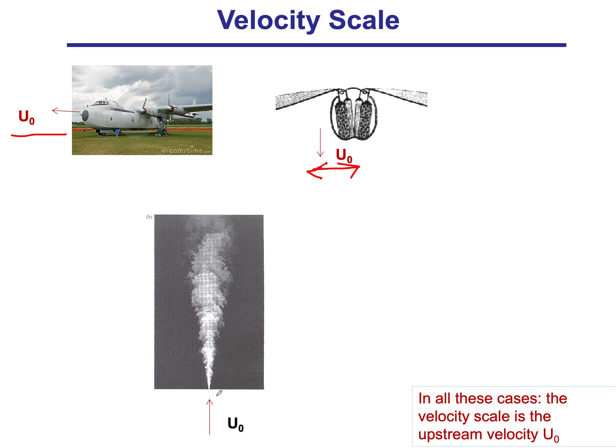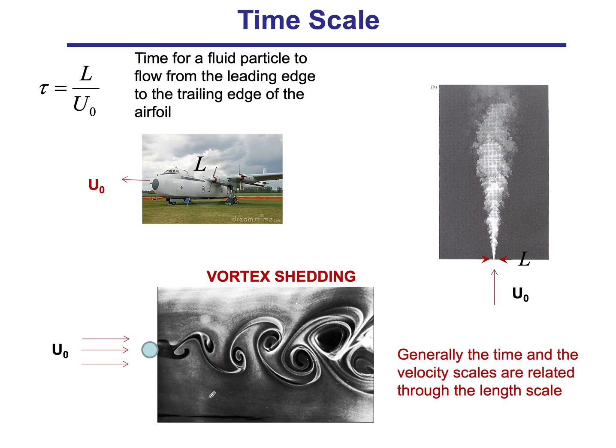And for the jet that we've seen in the plume, maybe our velocity scale would be the speed of the flow coming out of the nozzle at the bottom. So length scales, velocity scales, and now that we have length scale and velocity scales, we can actually get a time scale. And what is a time scale for an aircraft like this?